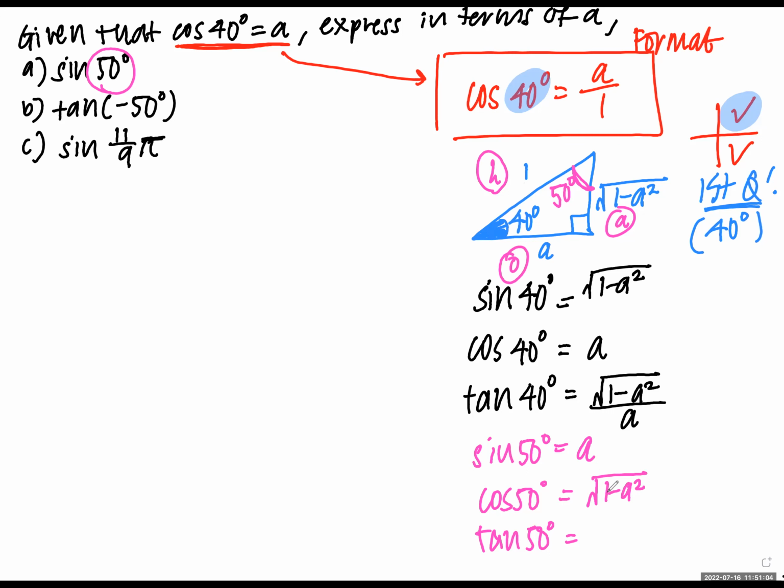And tangent 50 is A over square root 1 minus A square. Okay, so far so good. So this is one way, method 1 you can use.